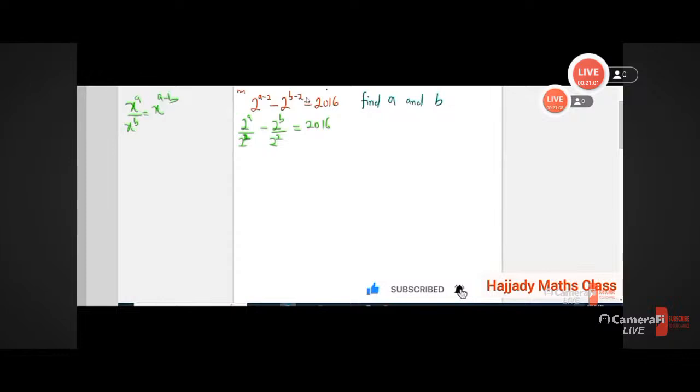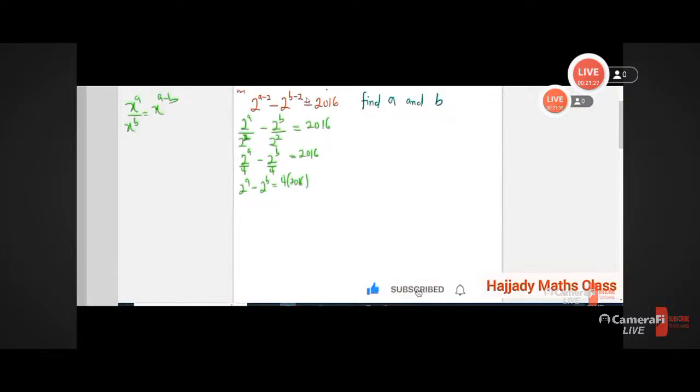Don't forget that 2 raised to power 2 is equivalent to 4. So this is the same as saying 2 raised to power a over 4 minus 2 raised to power b over 4 equals 2016. Multiplying by 4, we are going to have 2 raised to power a minus 2 raised to power b equals 4 times 2016.